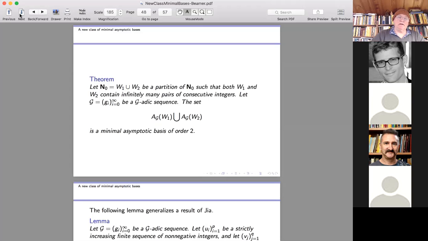Here is a simple example. Suppose we just take h equal 2, and we partition the integers into two sets with the property that each of the sets contains infinitely many pairs of consecutive integers. In that case, when you take A_{g,W1} and A_{g,W2}, that is a minimal asymptotic basis of order 2.